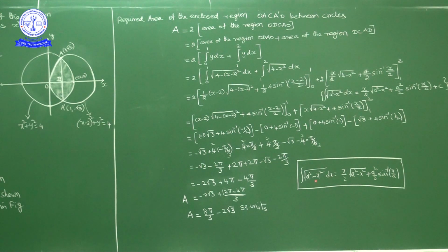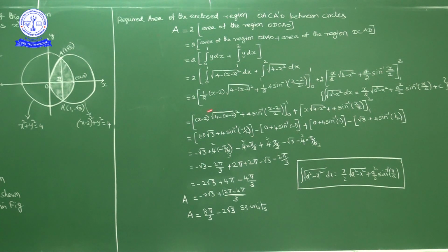So according to this formula we can write 1 by 2 into (x minus 2) into square root of 4 minus (x minus 2) whole square, plus a square by 2, that is 4 by 2, into sin inverse of (x minus 2) by 2, lower limit 0, upper limit 1. This is regarding the first integral.